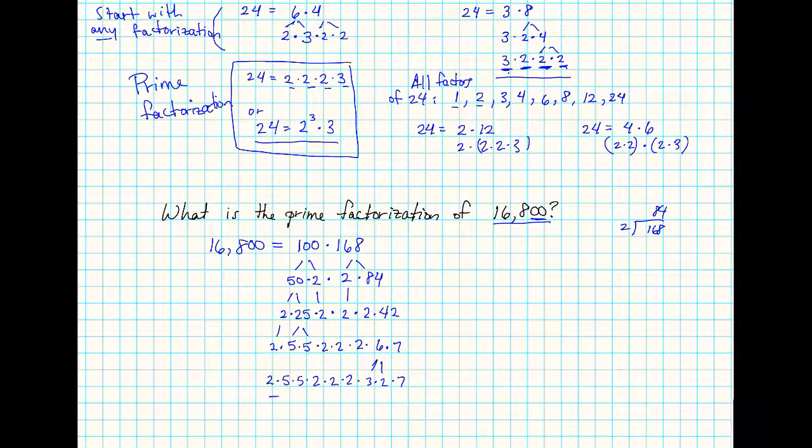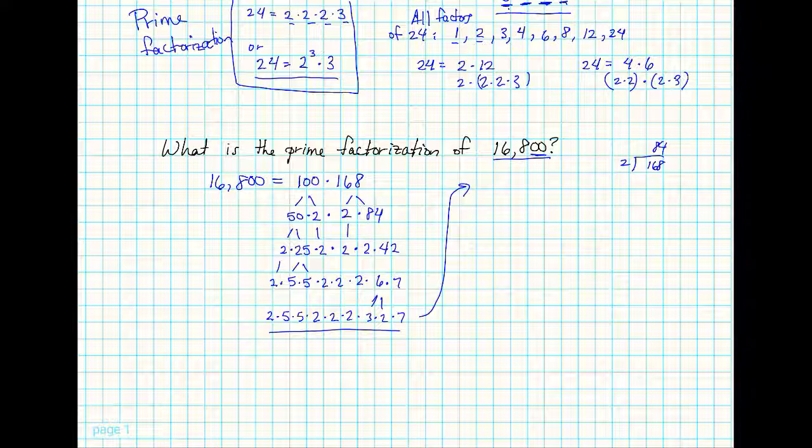So looking at this, I want to just rearrange it so that I have the smallest prime factors followed by the largest ones. Coming up here, 16,800 is, let's see, I have 1, 2, 3, 4, 5 factors of 2: 2, 2, 2, 2, 2, and a factor of 3, and 2 factors of 5, and 7.